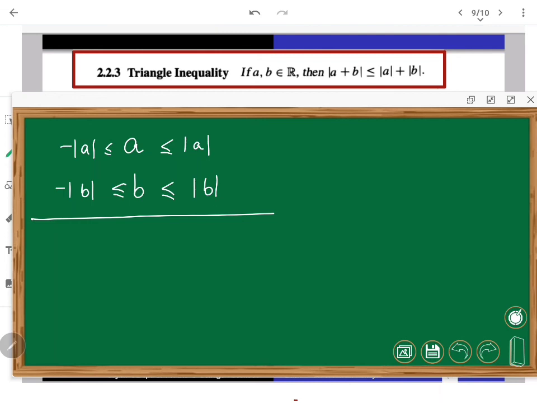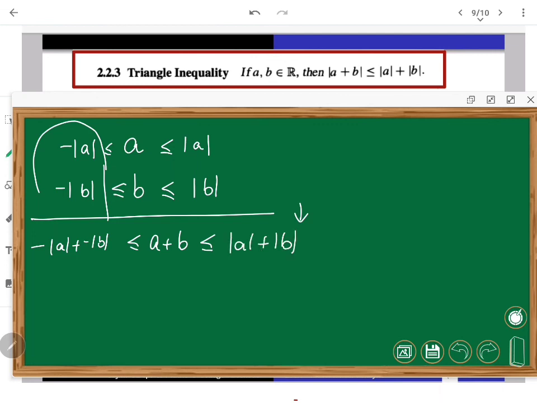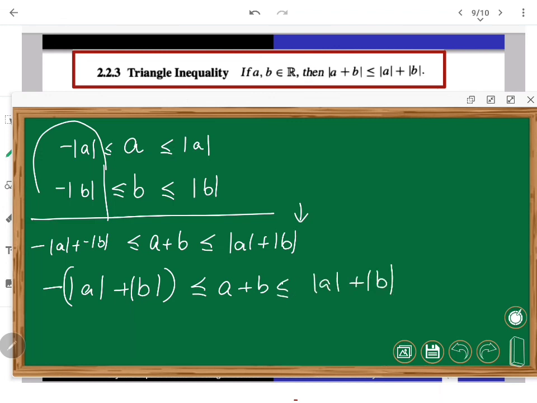So just add the appropriate parts and you will get: on addition, combining, from this side I will get minus mod A plus minus mod B, which is less than or equal to A plus B appropriately, which is also going to be less than or equal to mod A plus mod B. So the left hand side is minus of mod A plus mod B. That is less than or equal to A plus B, which is less than or equal to mod A plus mod B. That is enough for me, because I can use one more previous step.